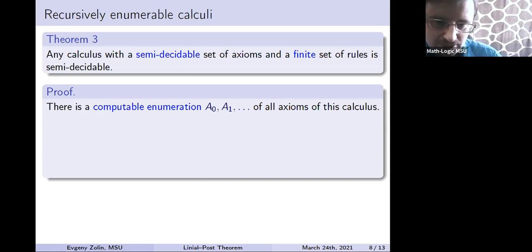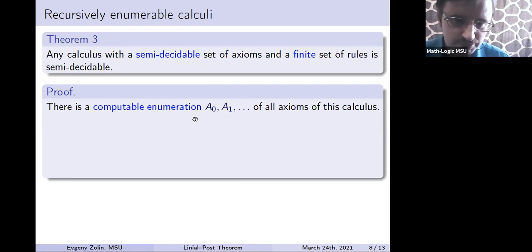But since our set of axioms is semi-decidable, in the theory of algorithms there is a theorem: every semi-decidable set can be represented by a computable enumeration.